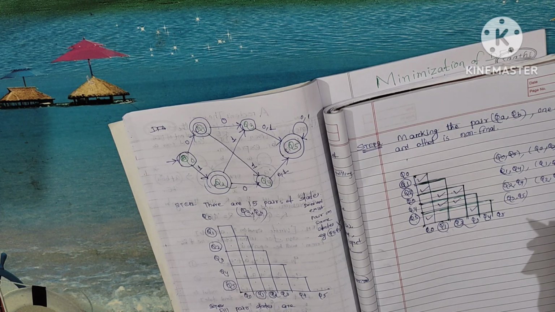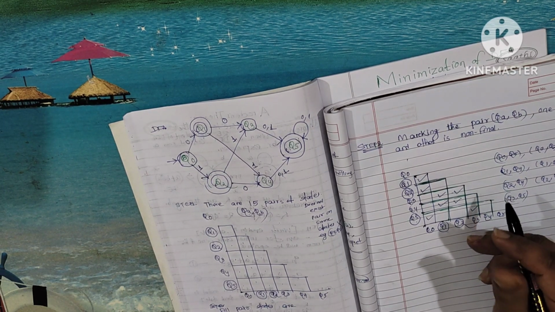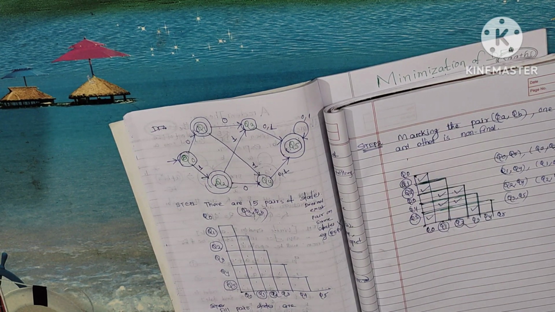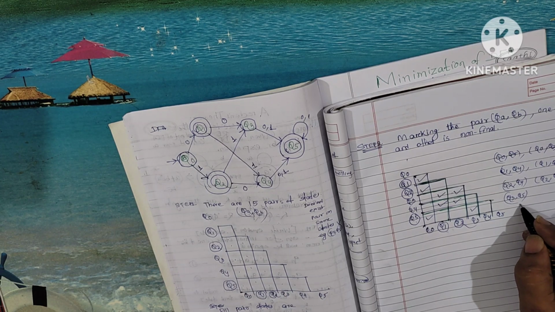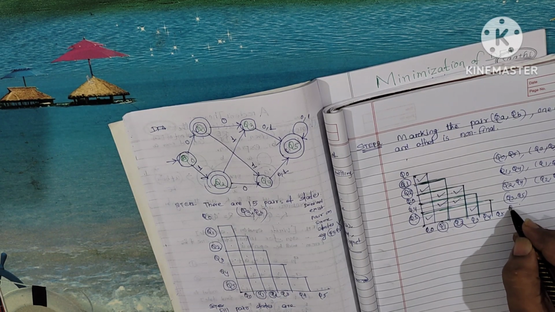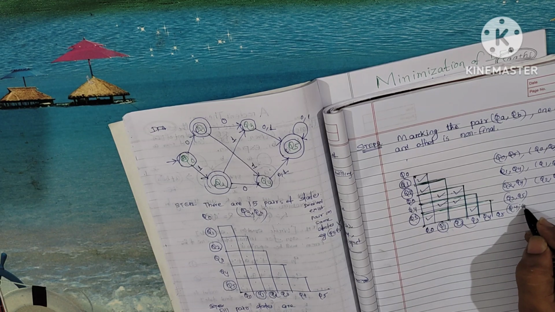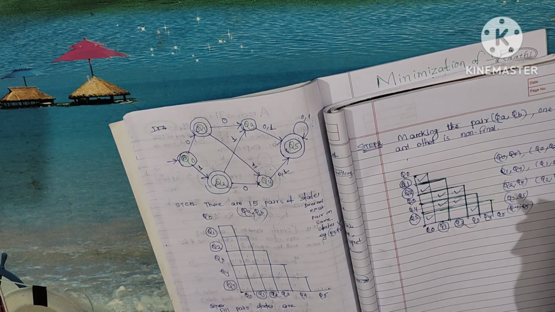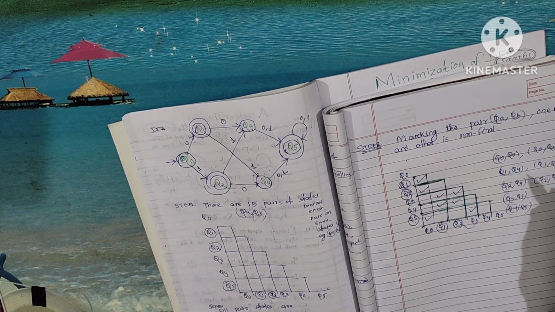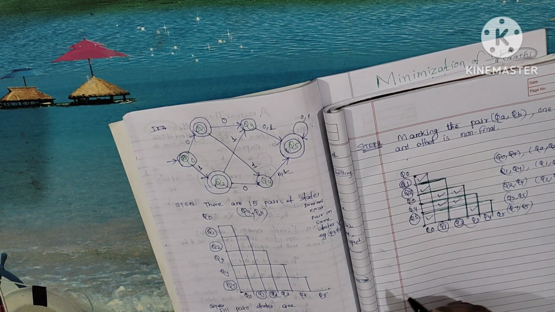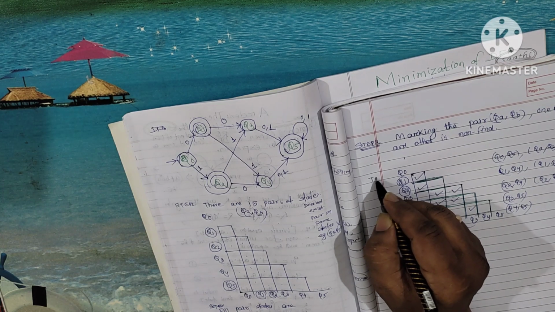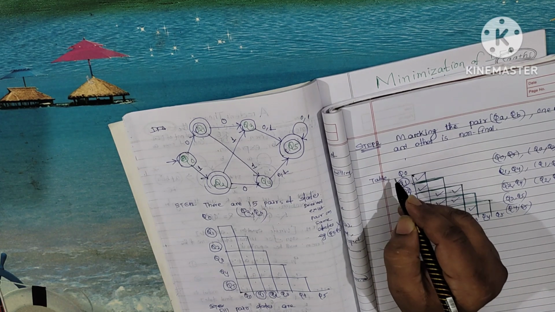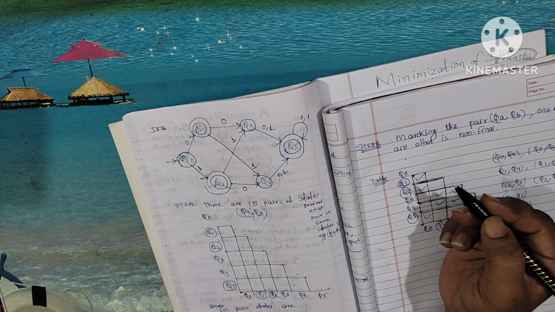We cannot pair here. We can mark Q4, Q5 at the fifth column. So you count all these marked states. These are all the marked states. This is called the step 2 table.